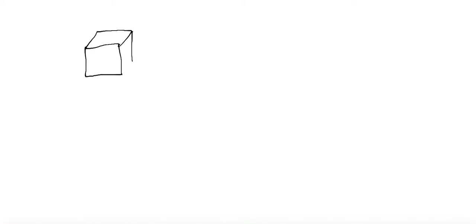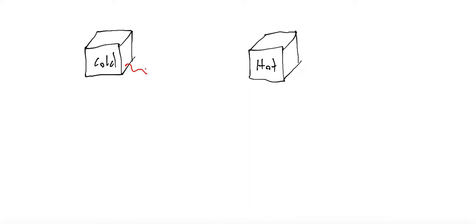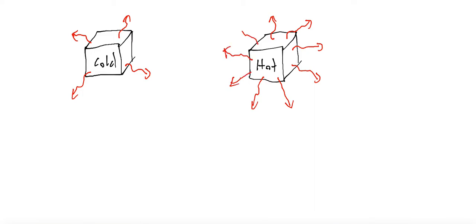If you have two objects, let's say the cold one and the hot one, then both emit energy in the form of radiation, but the amount of radiation emitted by the cold one is much less than the amount emitted by the hot one. So a hot object emits more energy in the form of electromagnetic waves than a cold one. Is it clear?